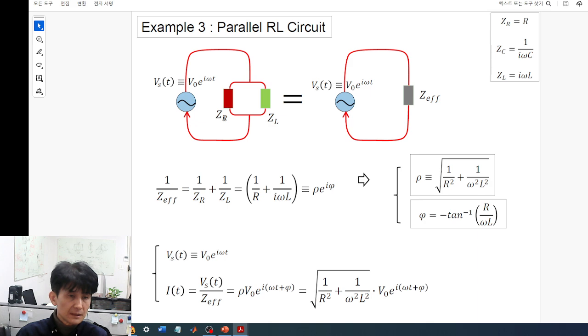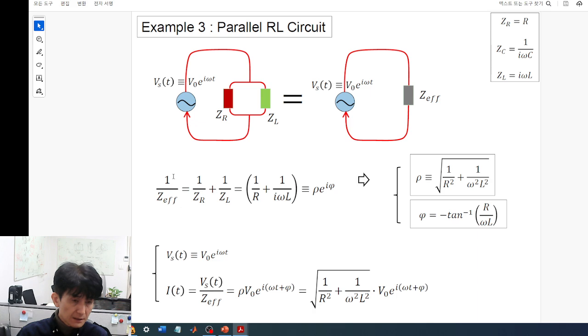What if the resistor and inductor are connected in parallel? We can consider that as one element, and if two resistors are connected in parallel, then the total resistance becomes 1 over R1 plus 1 over R2.